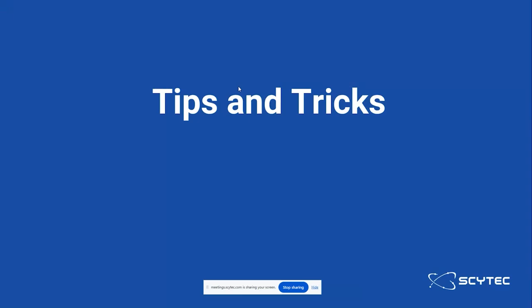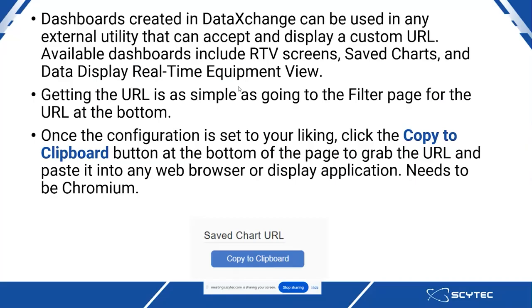As we wind down this webinar, I'm going to be going over some tips and tricks for both the equipment view and the RTV. Starting out, the dashboards created in DataXchange can be used in any external utility that can accept and display a custom URL. The available dashboards include RTV screens, saved charts as well, and the data display real-time equipment view.